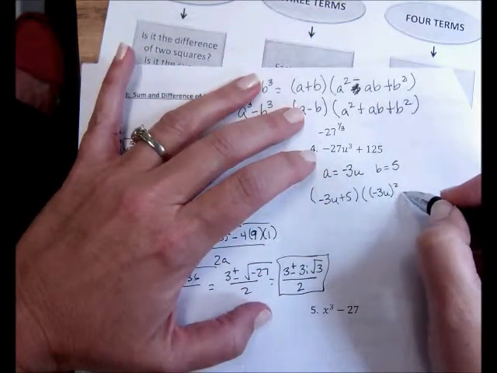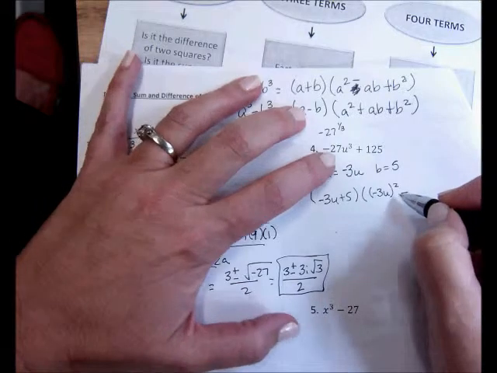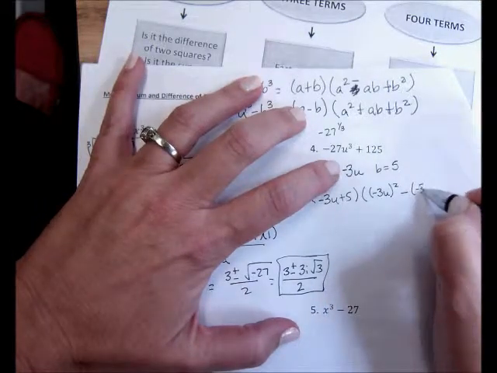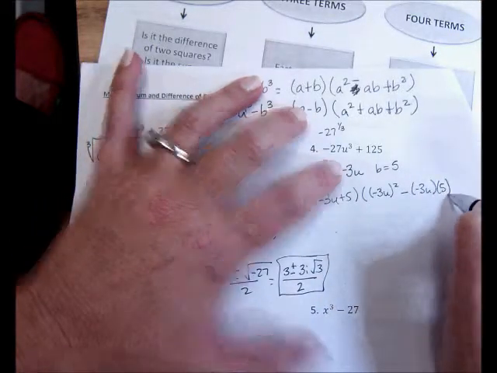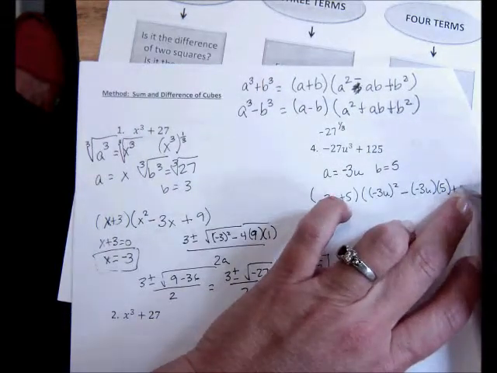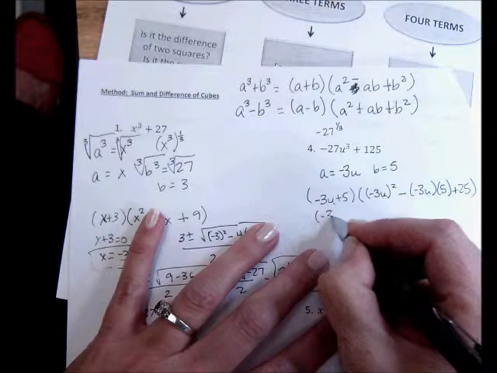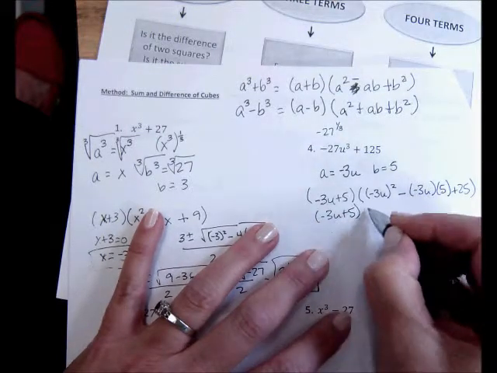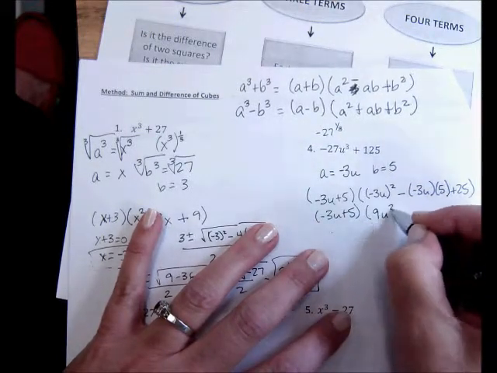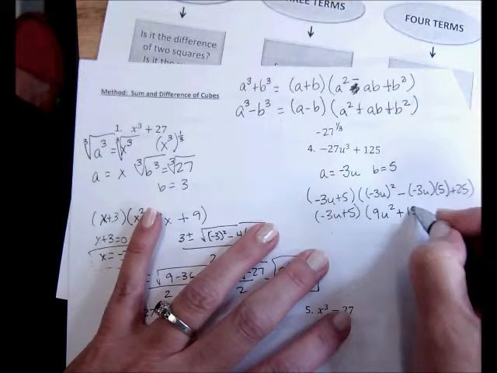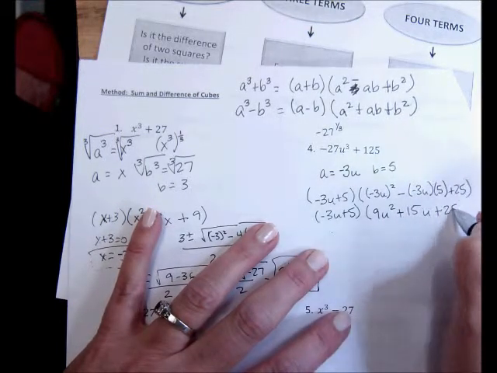So at this point, I can use my formula, and I have -3u plus 5. And then I have -3u, and I have to square that term, because a is -3u. And then I have to multiply -3u times 5. And then I have to square the 5. So at this point, I have -3u plus 5, and then I have 9u squared plus 15u plus 25.